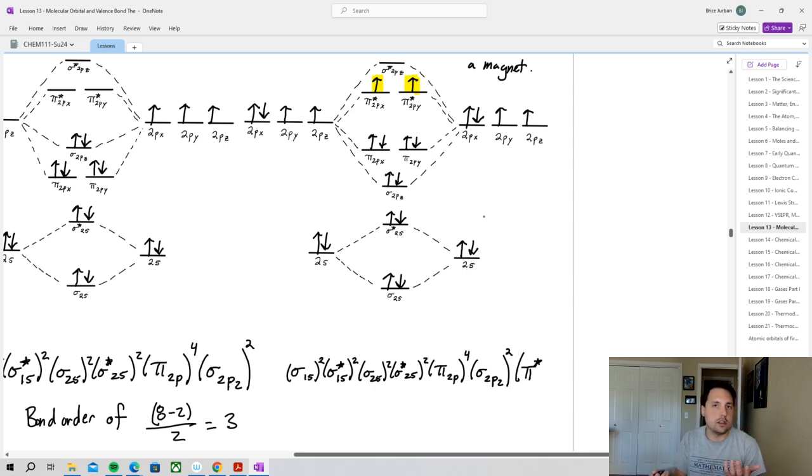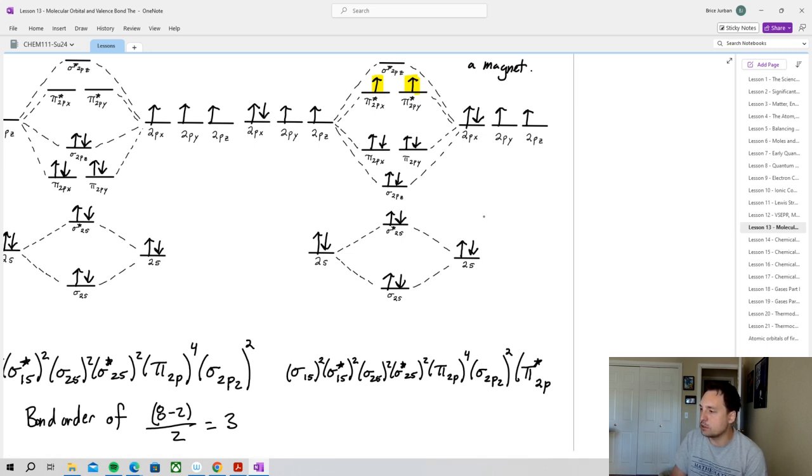We're just assuming they're being shared or unshared, but really they're all being shared. That's the kind of weird thing, right? So there's really no localized electrons anymore. They're a part of both of the atoms. So we have sigma star 2px to the first and sigma star 2py to the first.